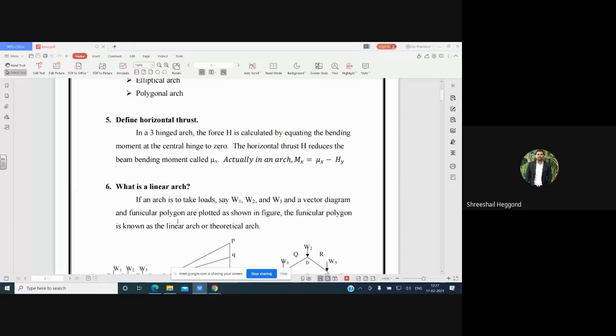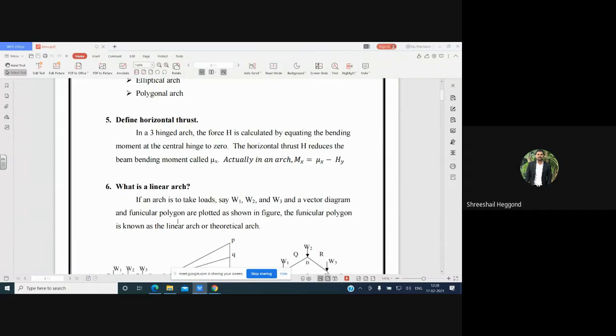The horizontal thrust H reduces the beam bending moment called Mu x. In the arch, the moment at section x is Mu x minus Hy, where Mu x gives you the complete moment along the axis of the arch, and Hy gives you the effect of the horizontal thrust.